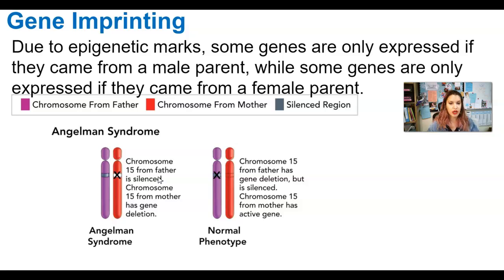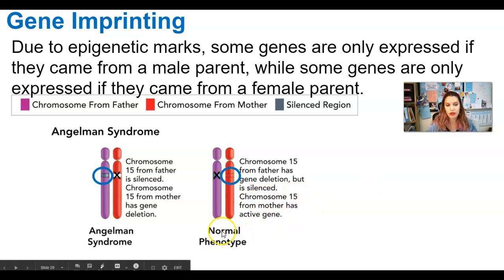Another one is called Prader-Willi syndrome, and I've had one student while teaching that had Prader-Willi syndrome, so it's pretty rare, but very interesting that it is because of silencing of a gene. All right, and that's just showing you the difference between the normal phenotype and the Angelman syndrome.